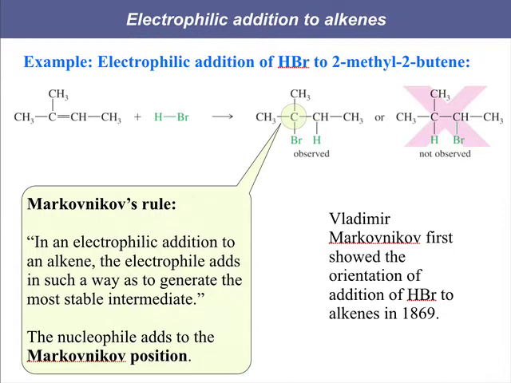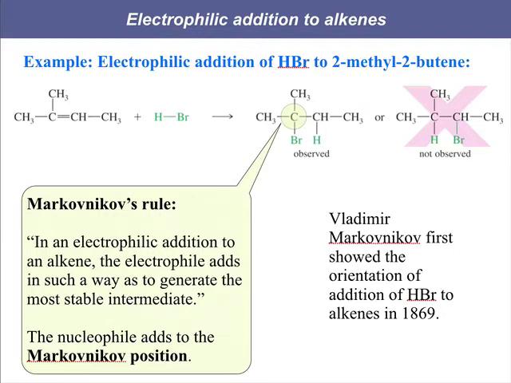This is called Markovnikov's rule. Remember when we looked at E2 and E1, we learned about Zaitsev's rule, which gave us a way to predict the major product in an elimination reaction. Here, we're learning the way to predict the major product in an electrophilic addition reaction to alkenes. Markovnikov's rule says that in an electrophilic addition to an alkene, the electrophile adds in such a way as to generate the most stable intermediate.